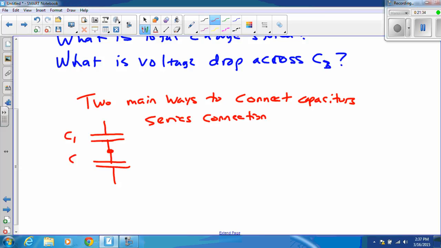And in a series connection, where we have C1, C2 like this, you have one capacitor connected directly to the other with no branches coming off to the side. So the capacitors are connected at one end.